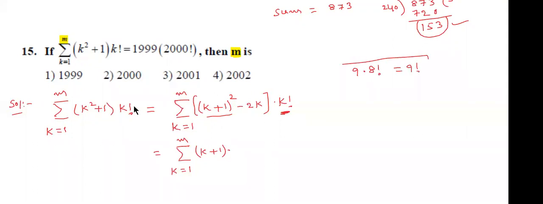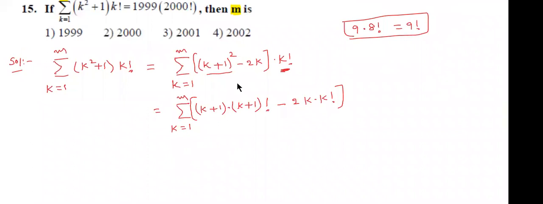This is one example I am saying. (K plus 1) into k factorial is (k plus 1) factorial, minus 2 into k factorial. Students, did you understand how we got (k plus 1) factorial? Okay. Now split both.